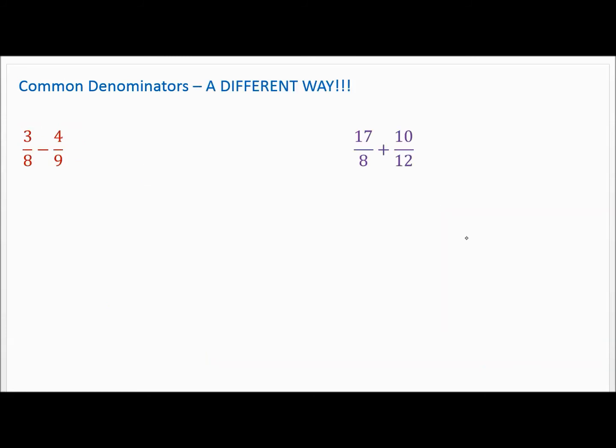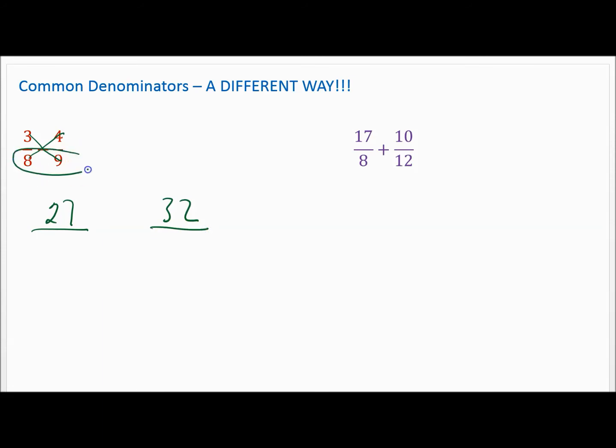But if you're struggling, really struggling, and you just need a way out, I want to show you something. You can do this trick where you multiply 3 times 9, okay, and that gives you 27, and you put that on top. And then you multiply 8 times 4, and that gives you 32, and you put that on top.